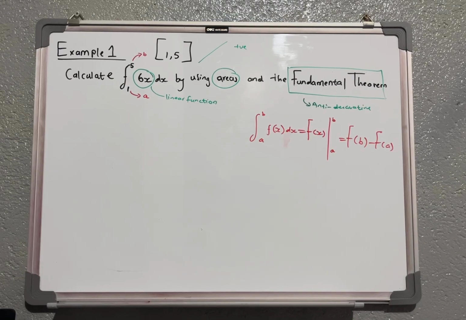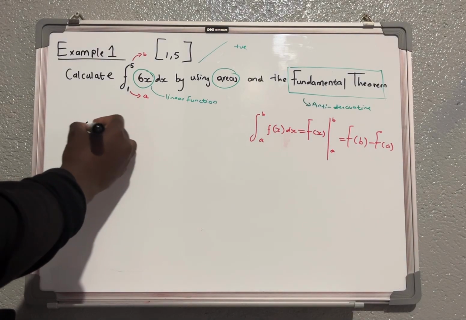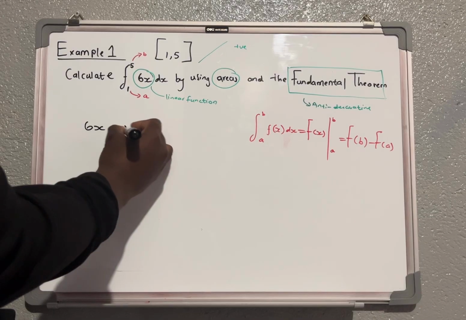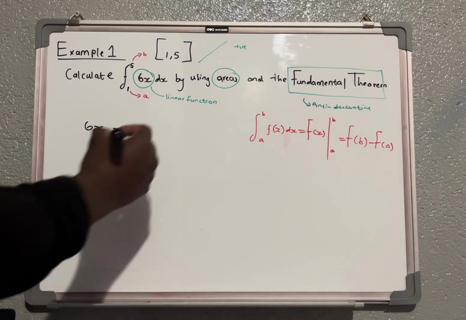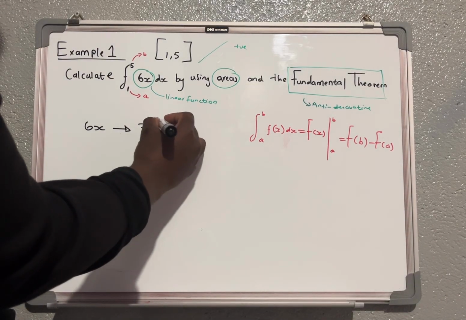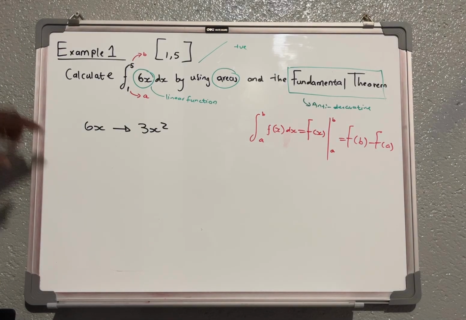If you know how to differentiate, then you will know how to do your antiderivative. We know that the antiderivative of 6x is definitely 3x squared. How do I know that?